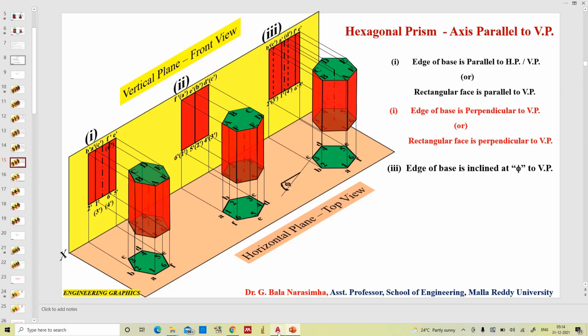So now I am going to draw the same. Here the rectangular face is also perpendicular to VP. You can see the rectangular faces AF61 and CD43 are the two faces perpendicular to the vertical plane. Either this condition or that condition will be the same, just the notations and terms will be different.